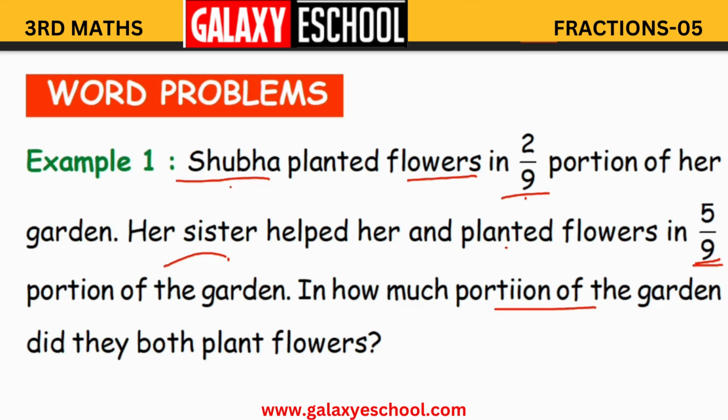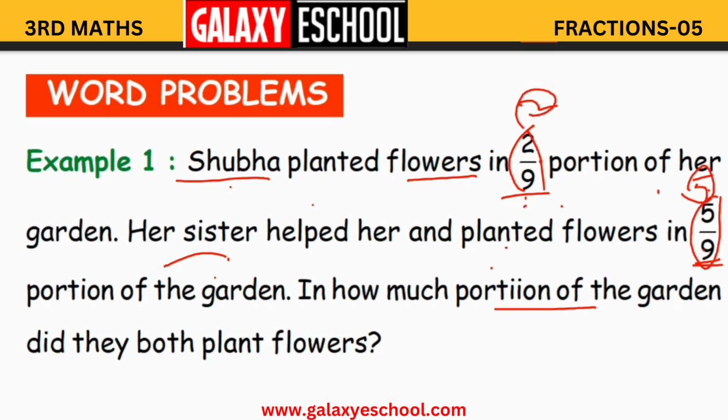See, if you are not able to make out how to solve this because of the fractions, just replace the fractions by a number, children. If you say Shubha planted flowers in 2 portions and her sister and she planted flowers in again 5 portions, what will be the total number of portions? We will add these two together.